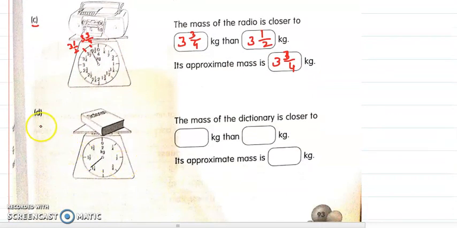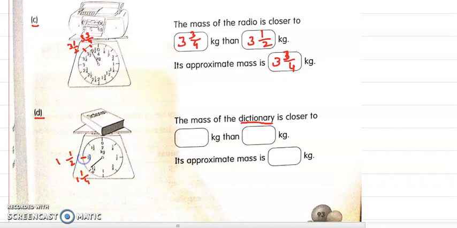In the last example on the page, we have a dictionary. A dictionary is the book having the meanings of the words. The dictionary is placed on a mass scale and the pointer is pointing between 1/4 and 1/2.